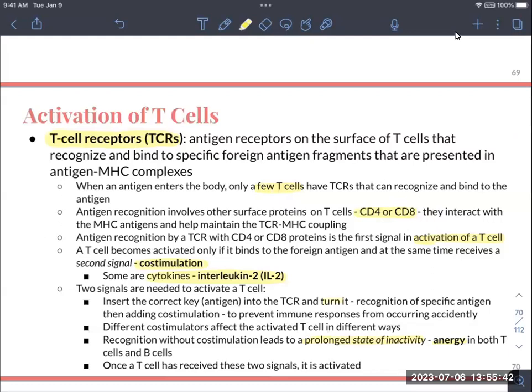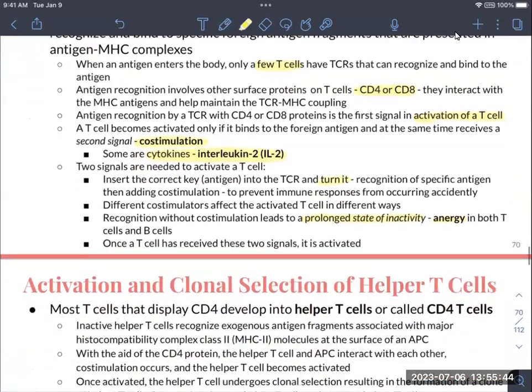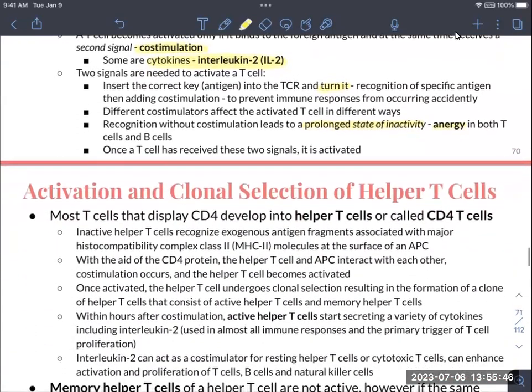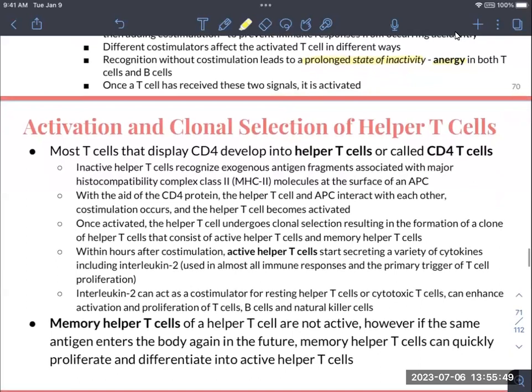So it needs to fit in and it needs to be turned, like a key in a lock. Most T cells that display CD4 are helper T cells, or CD4 T cells. So we have these inactive helper T cells.